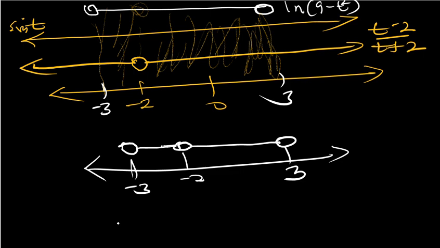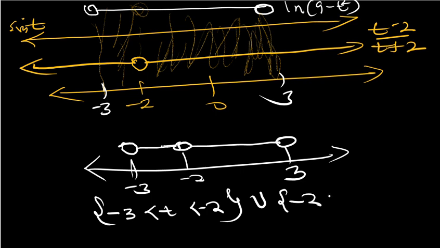So this is going to be -3 less than t less than -2, union -2 less than t less than 3.